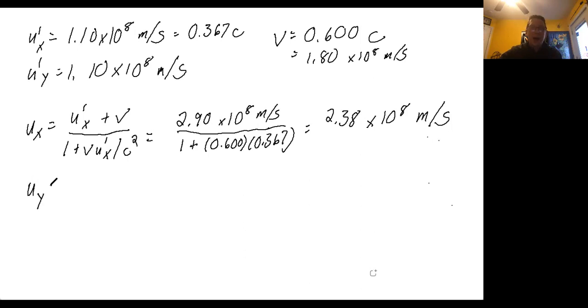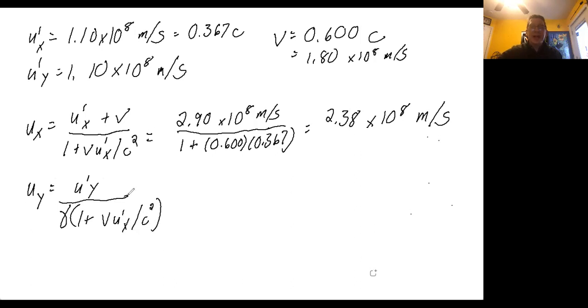So uy is equal to u primed y, which we know, divided by gamma times 1 plus v u primed x over c squared.